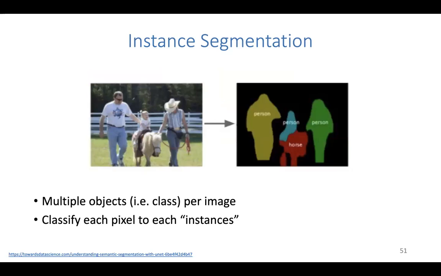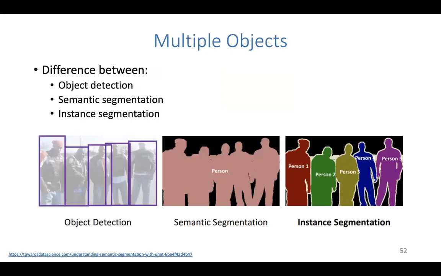All right. So this is the main difference when there are multiple objects, between object detection, semantic segmentation, and instance segmentation. This clearly captures the difference between the 3 tasks pretty succinctly.